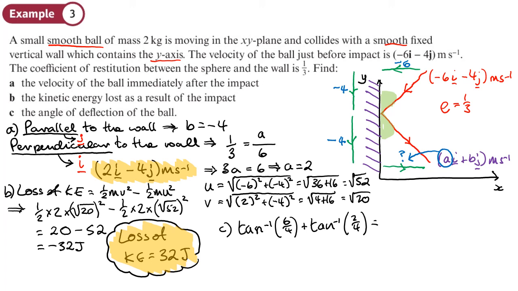If I do that quickly, I will get an answer of 82.87. So 3 significant figures, and we'll go for 82.9 degrees.